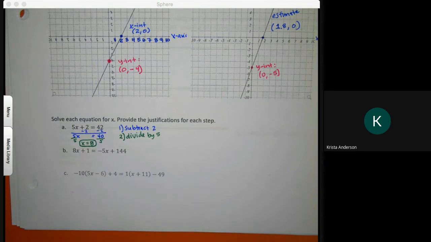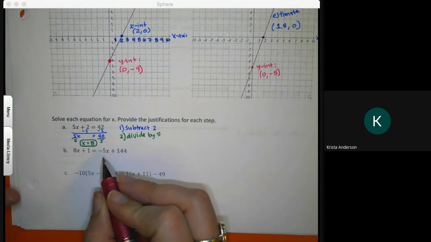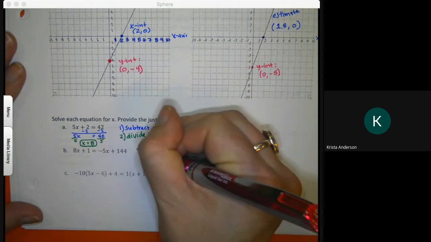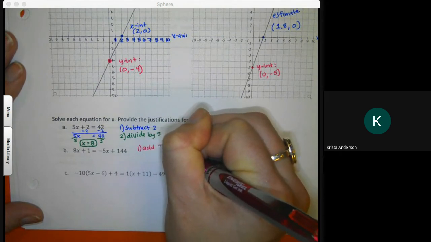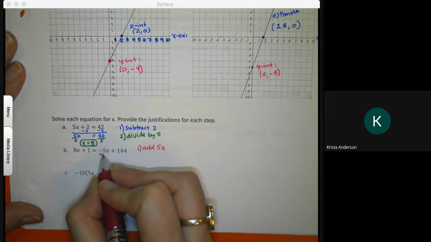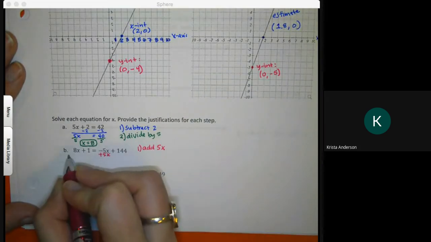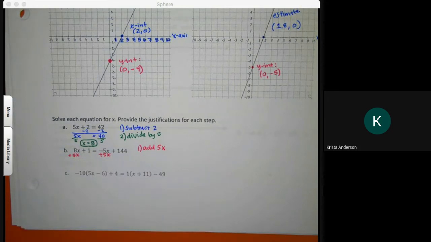For question B, I want the x's to be together. So I'm going to first add 5x to both sides. Can you see how I don't have a bunch of room on my paper? I'm going to do 2 steps in one. So first I move the 5x over to the left.